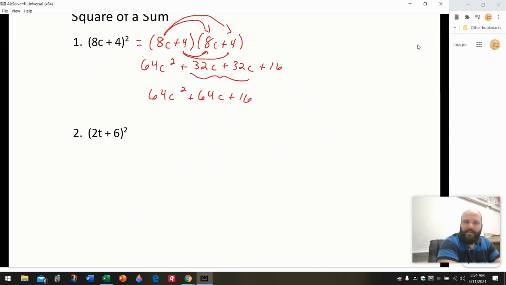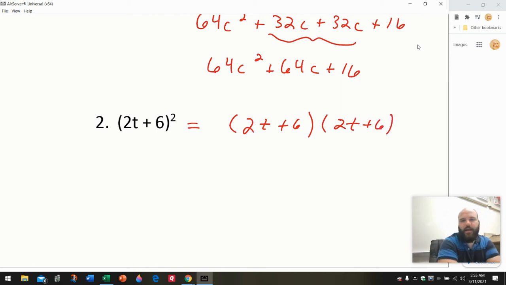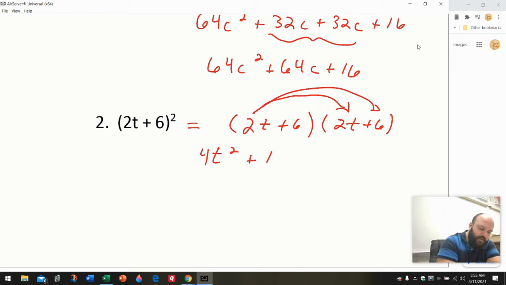Now the next problem is exactly the same. We have an expression, 2t plus 6. It is being squared. So we will write that out, 2t plus 6 times 2t plus 6, just like that. Then we will FOIL. 2t times 2t is 4t squared. 2t times 6 is 12t.